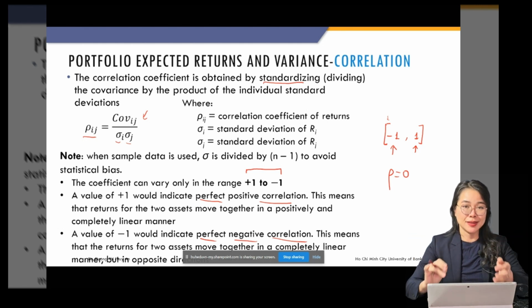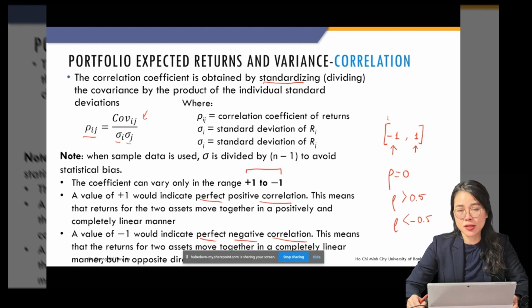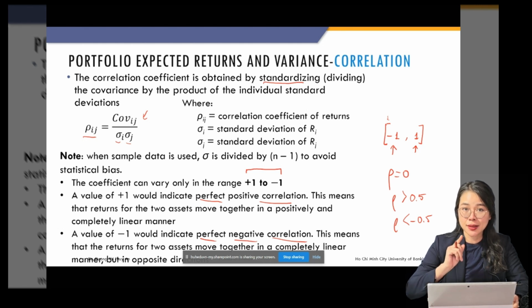Usually when rho is larger than 0.5 or smaller than -0.5, we may think that the two financial assets have strong correlation. But be cautious.